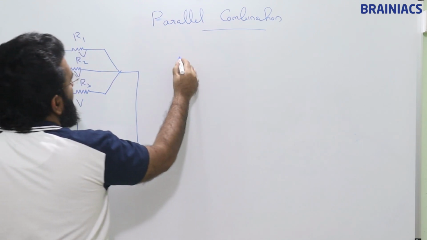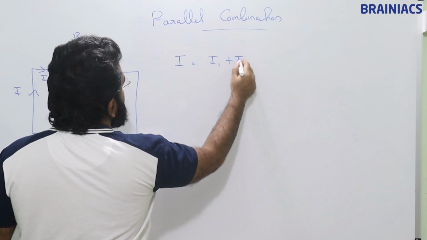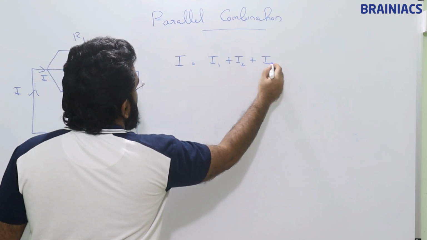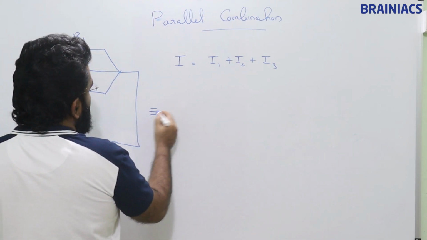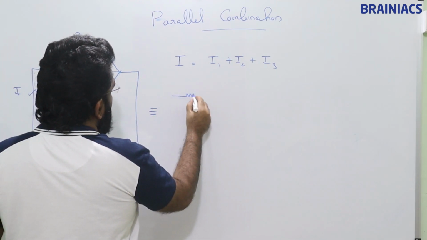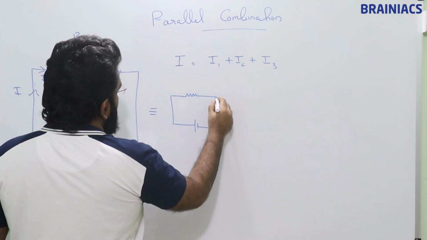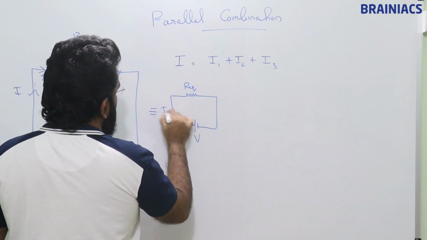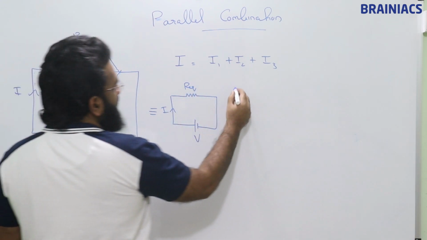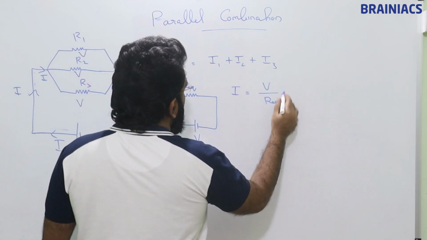So here I is equal to I1 plus I2 plus I3. If we replace this circuit with an equivalent resistance, if we name it R equivalent, and if this is V and this is I, then we can write I is equal to V by R equivalent.